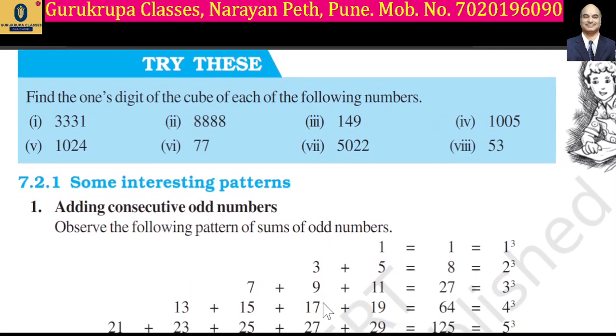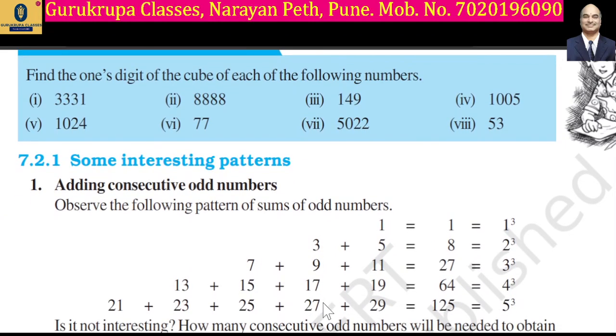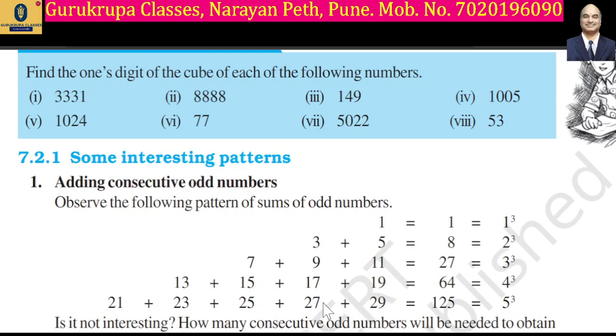So find the ones digit of the cube of each of the following numbers. We do not have to make the cubes of them, but only by observing the unit digit we can tell the ones digit of the cube of each number. So for example, there is a number 3331, 1 is the unit place. So in its cube, the ones digit is also 1.